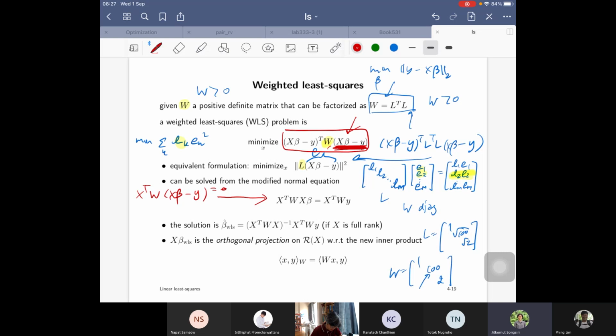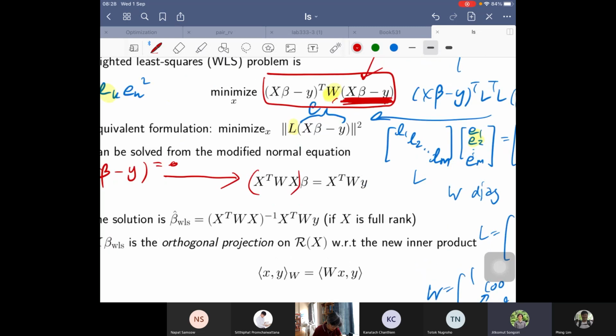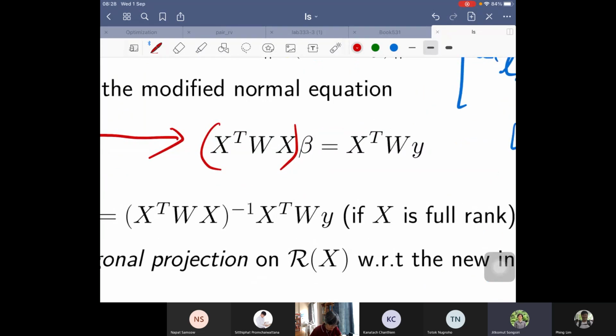Just the same way, this turns out to be a square system, like Ax equals b, where your A is this matrix.